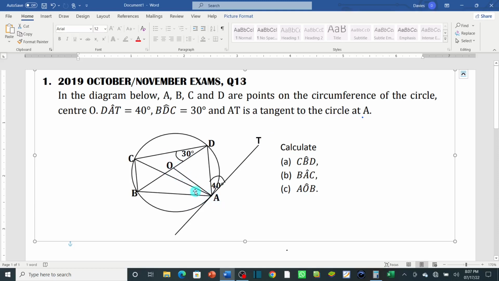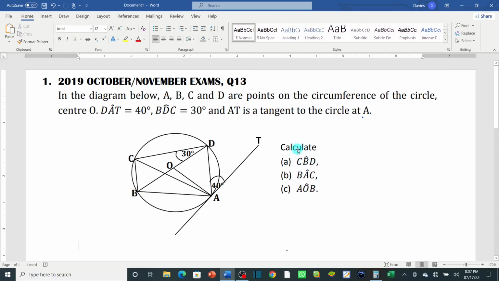Alright, so now guys, let's see the question where they're saying calculate angle CBD, we find out this angle here. Then also we find out angle BAC, this angle here.